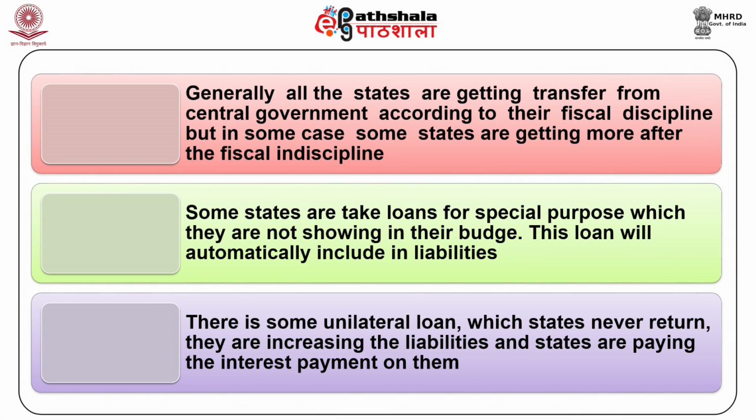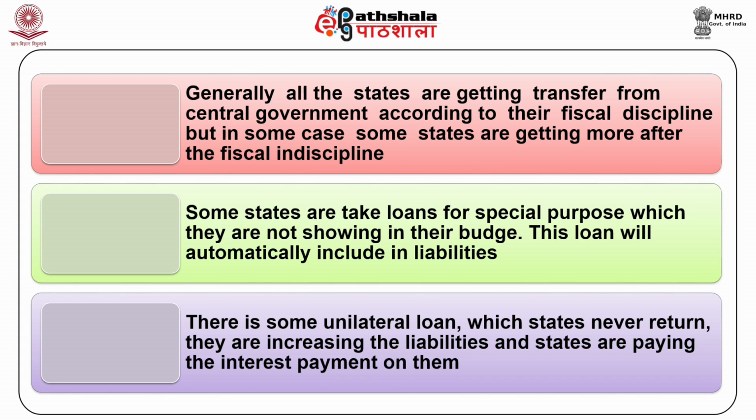Generally, all the states are getting transfers from the central government according to their fiscal discipline. But in some cases, some states are getting more despite fiscal indiscipline. Some states are taking loans for special purposes which they are not showing in their budget. This loan will automatically be included in liabilities.